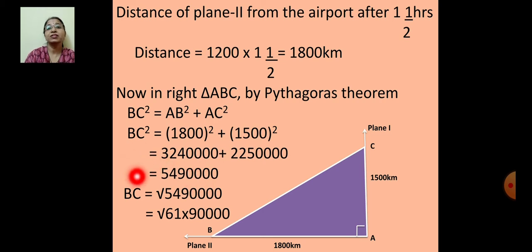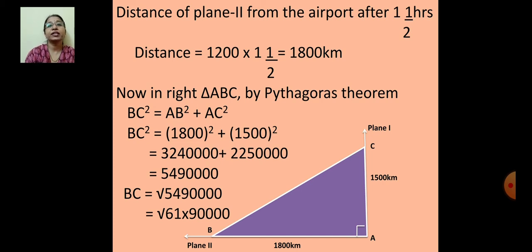But this is BC square. So taking square root on both the sides. So square root of BC square is BC, is equal to square root of this 5,49,000. Now split, so you will get factors as square root of 61 into 90,000.